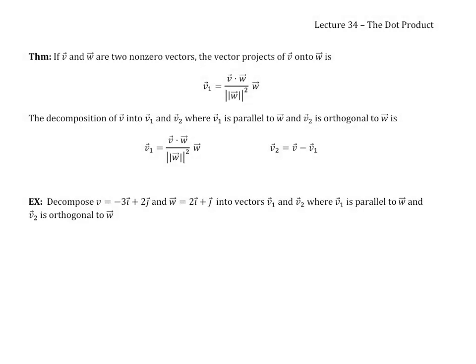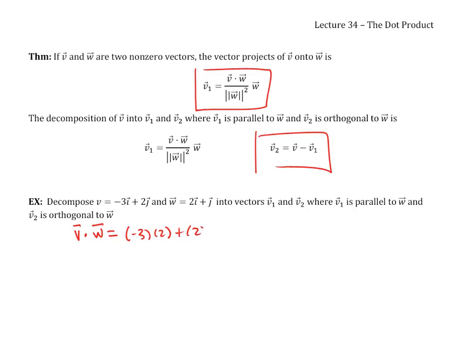You can find that with these two formulas. Now I've written it out for you. So you've got the two formulas here and here. And let's do an example where we actually decompose these for two given vectors. So in order to do this, to find v1, we need to know v dot w. v dot w is going to be negative 3 times 2 plus 2 times 1.